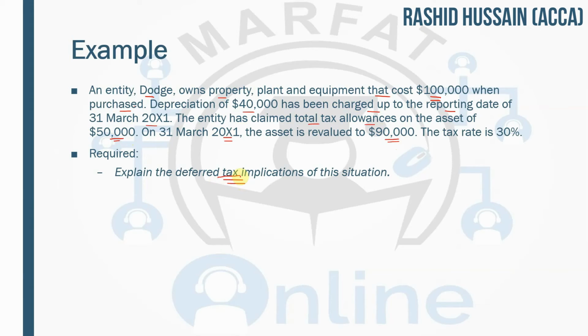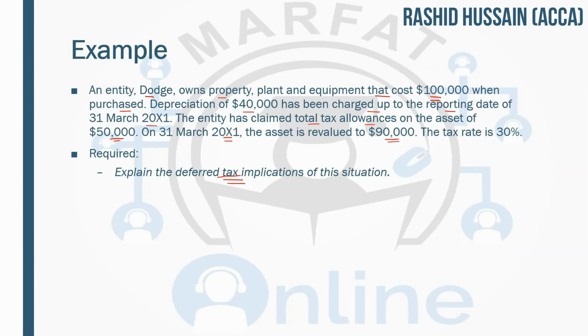Now we know that the revaluation will increase the carrying value, but that revaluation is not considered by the taxation authority. So we need to have the deferred tax consequences.